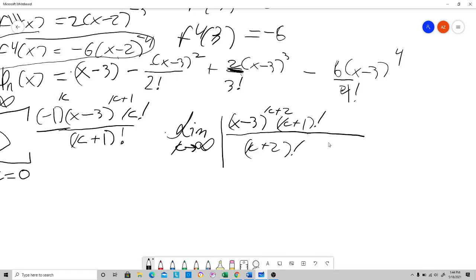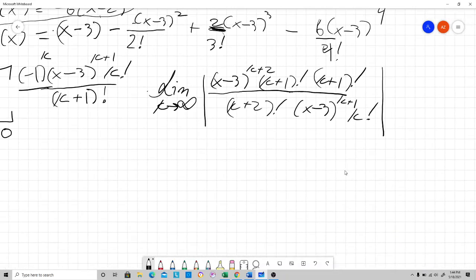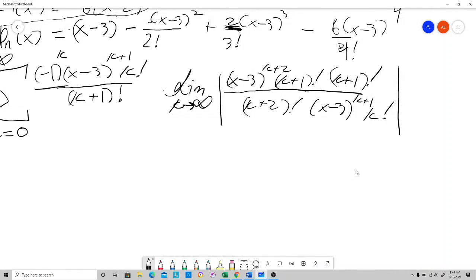The k plus 1 factorial comes right here, and then the x minus 3 raised to the k plus 1 comes down, and then the k factorial comes down. And now all we have to do is simplify. So let's take the limit of this, the limit as k approaches infinity.